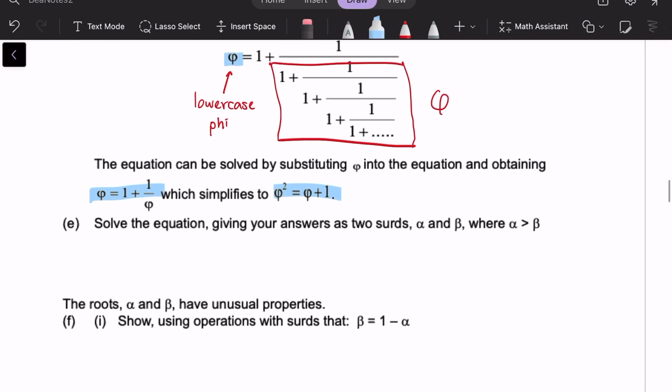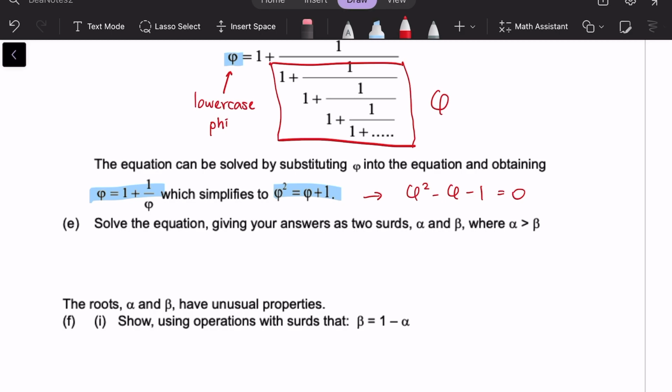And this is now a quadratic, isn't it? Because you can move it all to one side. So this can be rewritten as phi squared minus phi minus 1 equals 0. We're asked to solve the equation and give our answers as alpha and beta, where alpha is larger than beta.